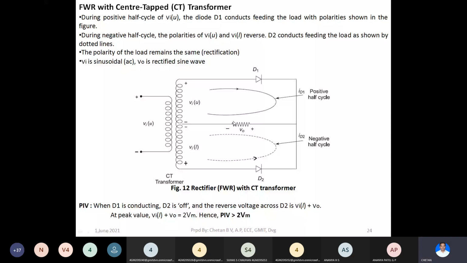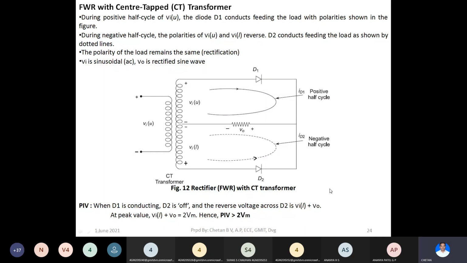Therefore, it will be V0 plus VIU, and here VIU is nothing but Vm, the peak voltage, and across V0 the peak voltage will also be Vm. Therefore the peak inverse voltage for diode D1 during the negative half cycle will also be slightly greater than 2 times Vm. So for both D1 and D2 this equation will hold good.